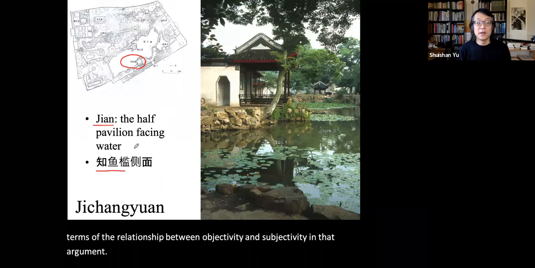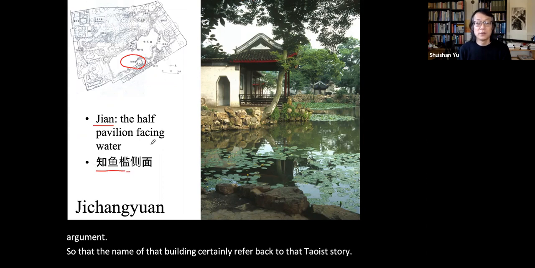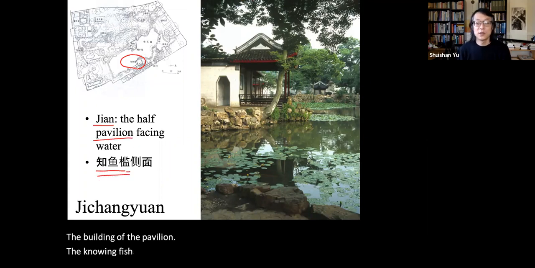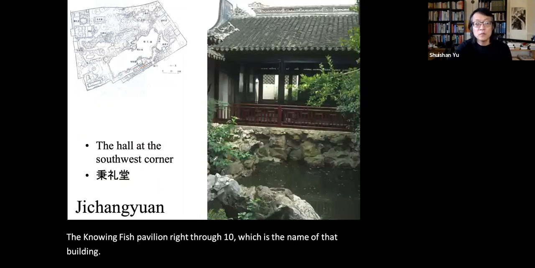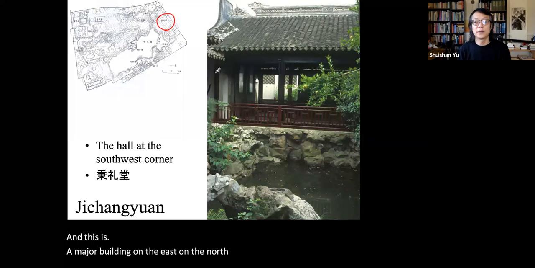So the name of that building certainly refers back to that Taoist story. The knowing fish pavilion, right? 知鱼剑, which is the name of that building. And this is a major building on the northeastern side.